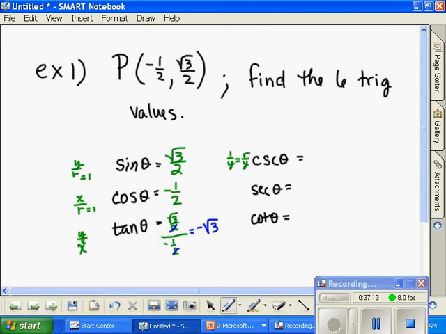If I'm going to take 1 over a fraction, I'm going to have to multiply by the reciprocal anyway. So my way of thinking, what I think is easiest, if I just take whatever the y value is and I flip it right from the start, make it 2 over root 3, and then I just fix it.